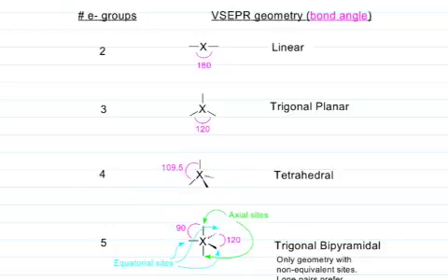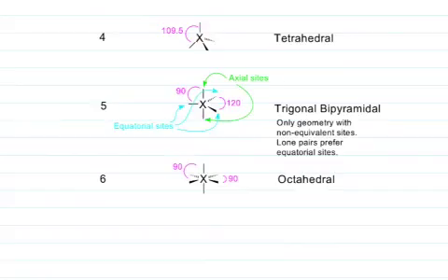Now let's look at trigonal bipyramidal. Trigonal bipyramidal is going to have 3 solid lines. It's going to have 1 solid wedge and 1 broken wedge. Between the solid and the broken wedge, you're going to have an angle of 120.